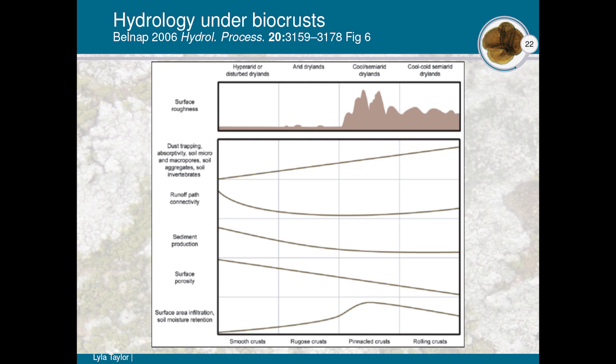On this end, we have our cyanobacterial crusts, and here we have our larger fruticose lichens and mosses. We've already discussed that the dust trapping is going to increase. This runoff is the superficial runoff: you have sheet runoff if it's a cyanobacterial crust, and it meanders through the hummocks if it's one of these other types of crusts.